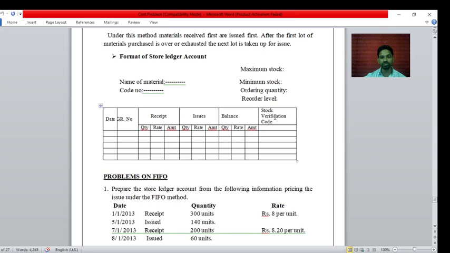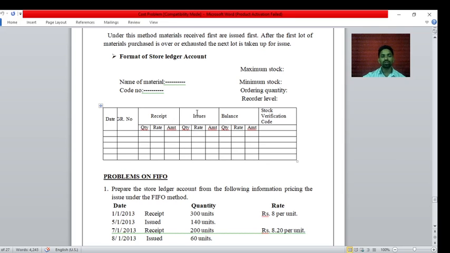The last one is the stock verification. This is the format to solve the problems on FIFO as well as LIFO and average material. You need to draw this format.